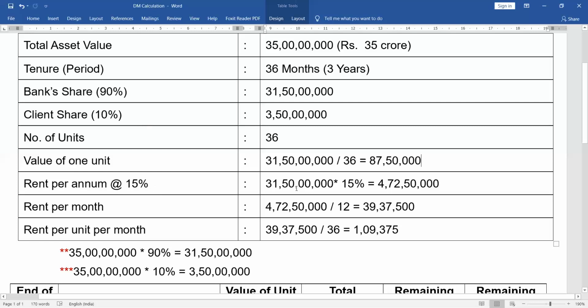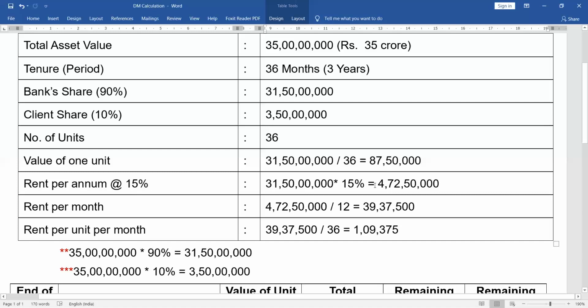So the bank share of 31 crore 50 lakh into 15% is 4 crore 72 lakh 50,000. This is the rent per annum in accordance with 15%.